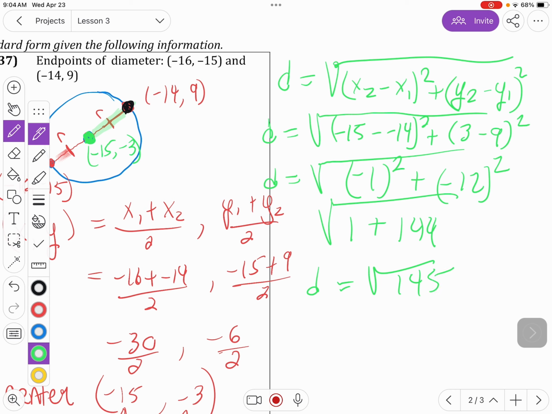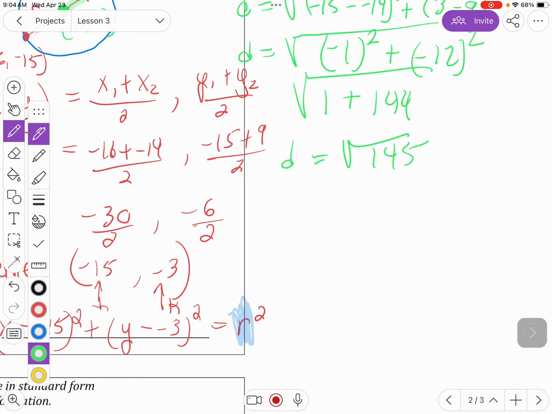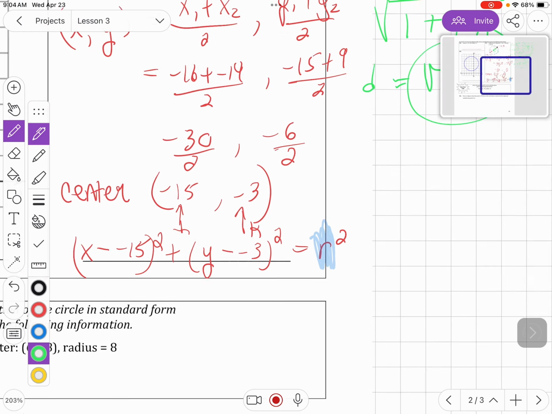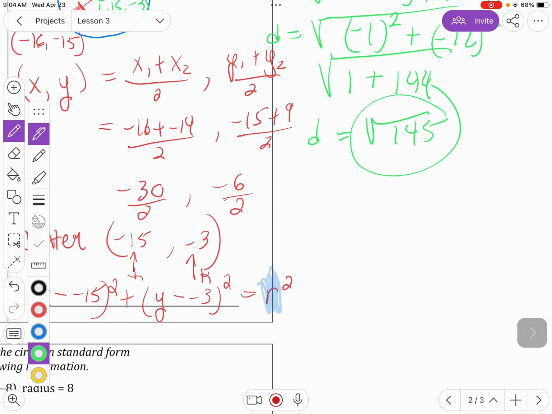Now that's the distance from the center to that endpoint of the diameter, which is my radius. But it's not the number I'm going to put at the end of my equation, right? I'm going to put in r squared.